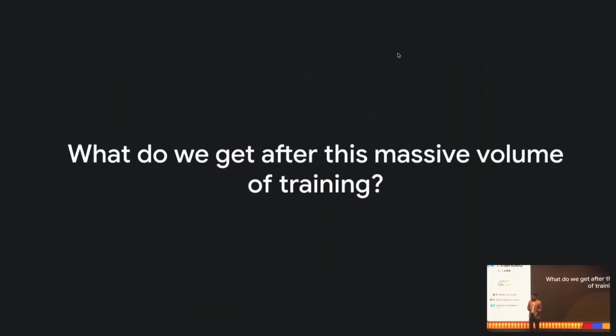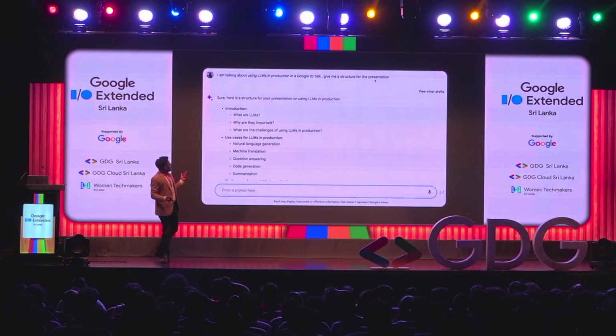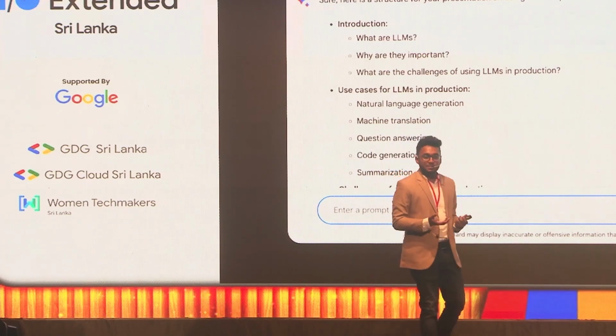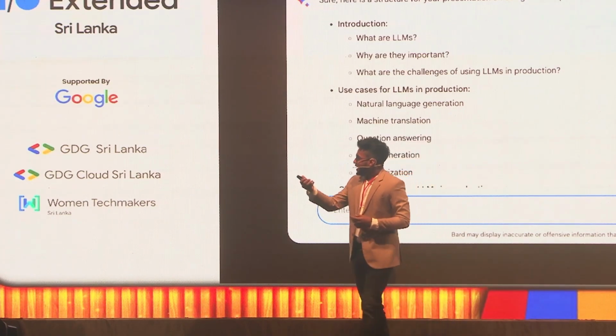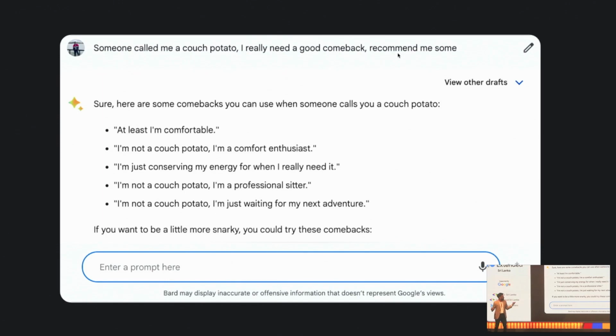So what do we get after this massive volume of training over terabytes of data? We get this. We get a model that's powerful enough to help you prepare the night before a talk. And we also get a model that's powerful enough to generate comebacks. Trust me, it comes in really handy.